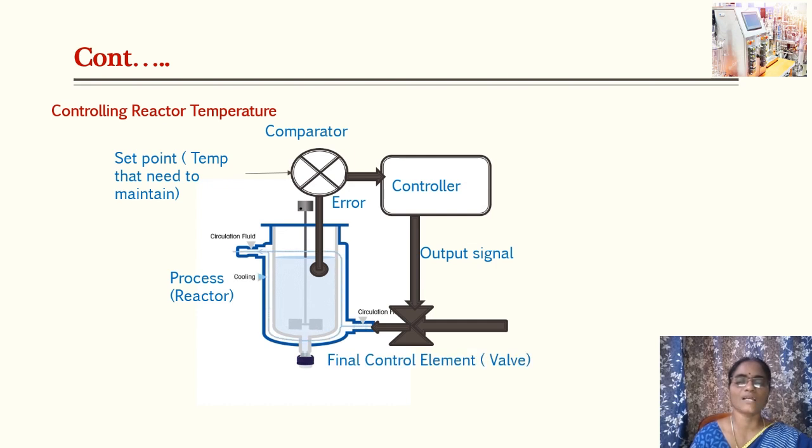The valve is nothing but the final control element. The signal from the controller acts on the valve so that the flow rate will be adjusted. Whenever there is an increase or decrease in the temperature of the reactor, the control system will adjust the coolant flow rate in the jacketed vessel until the constant temperature is maintained. This is how the process control system works.